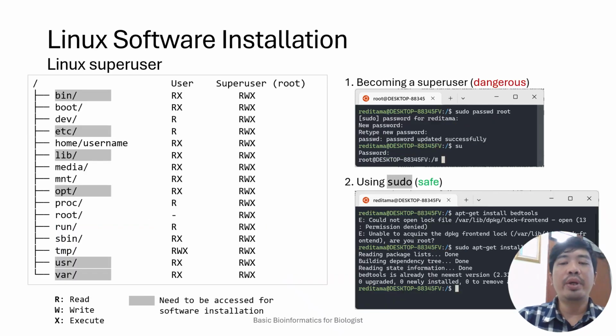Okay, now we will move to Linux software installation. The software that we used before, something like cd, cp, ls, sort, are basic software that originally come with Linux, but to perform bioinformatics analysis, you need to install additional software.